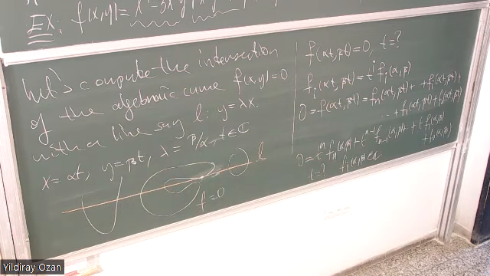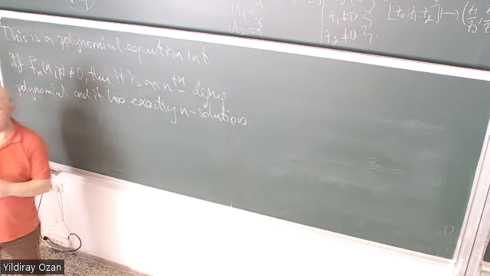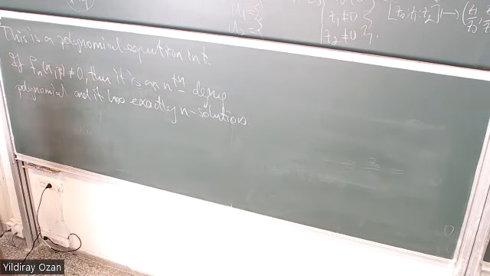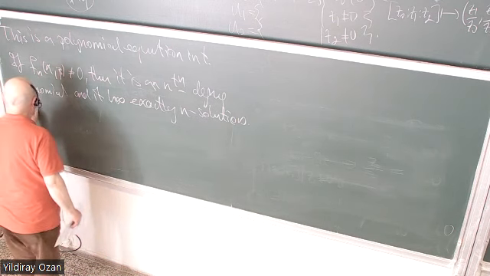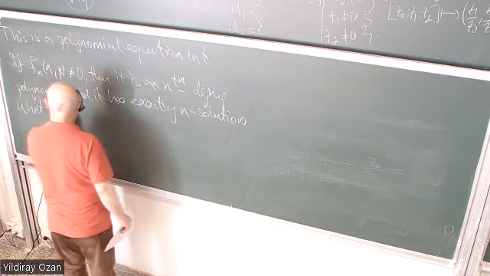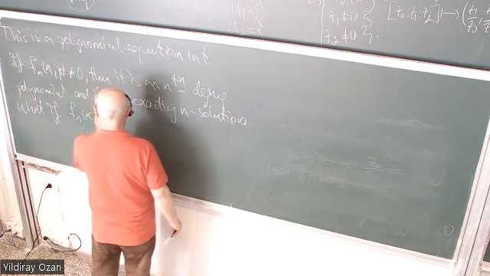But the thing is that algebra here agrees with the geometry. It's a degree n polynomial, and a line intersects it at n points. But what if this is 0? What if fn of alpha beta is 0?